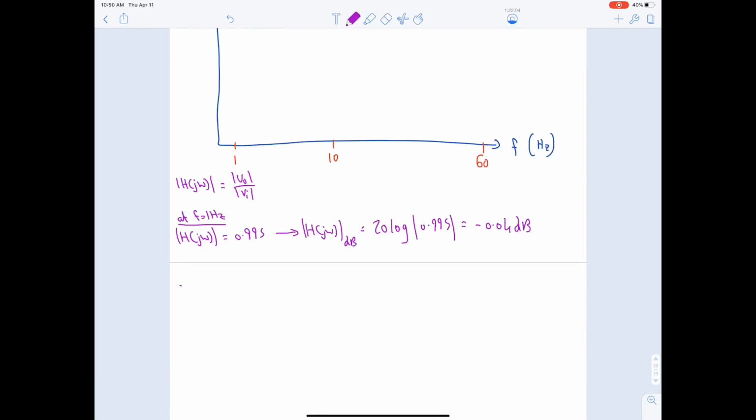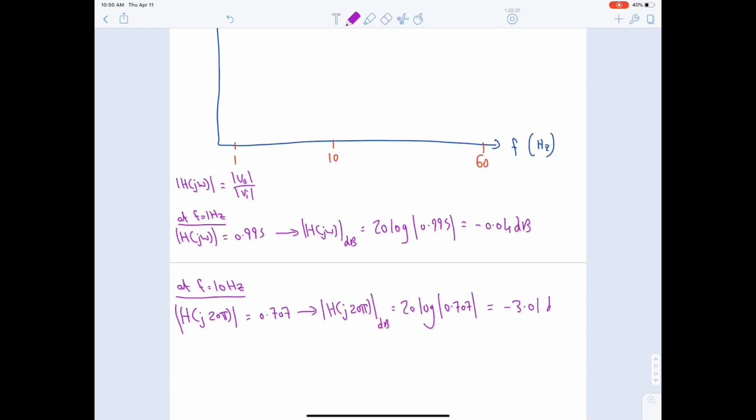Okay, doing the same for the other frequencies. 10 hertz, the magnitude 20 pi is equal to 0.707, okay, and in dB it will be 20 log 0.707 equal to minus 3.01 dB.